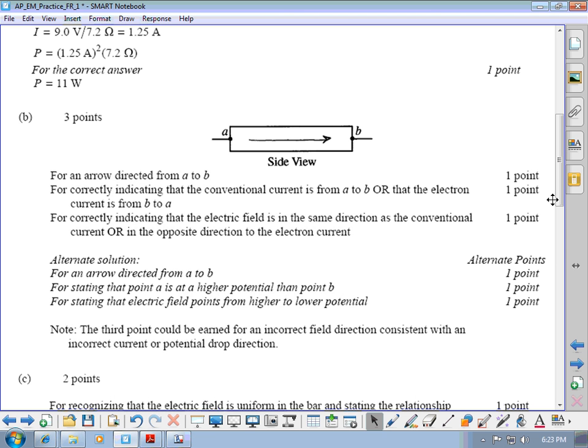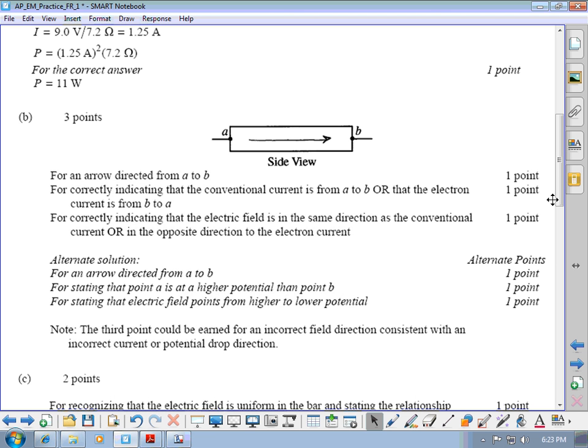And then it was 1 point for correctly indicating that the electric field is in the same direction as the conventional current, or in the opposite direction of the electron current. Again, a way that you would say that is what I said before. The current is flowing around the circuit, the conventional current, and if you just say current, it's implied that it's conventional current.